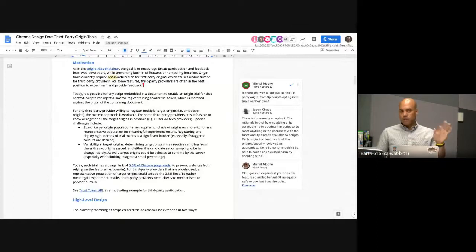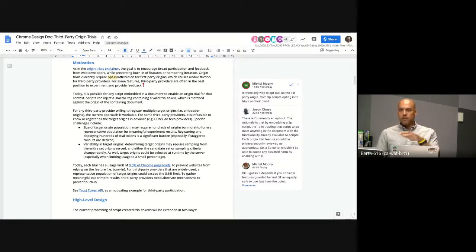And the one we're actively implementing is, okay, today when you sign up and get a token, it's up to you as the web developer to choose which pages you serve that token on and thus enable the trial. So you can choose, if your volume is low enough, to enable it on 100% of the pages. With third-party origin trials, one of the restrictions would be you can't do it on 100%.